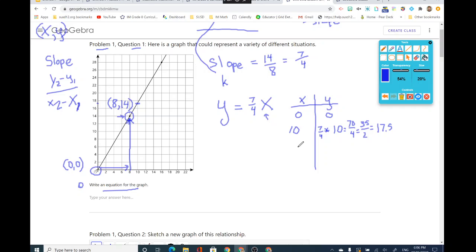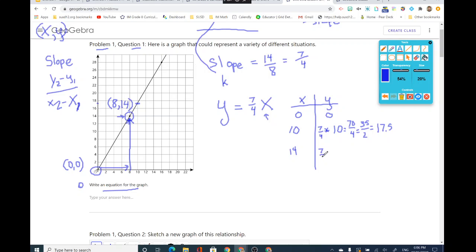Let's do another point. How about when x equals 14? Now, use this equation to find out what is the value of y when x equals 14.